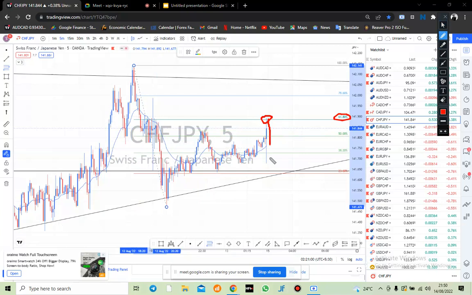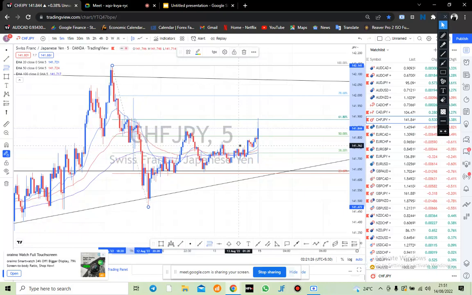And then we see some rejection, which means we can expect the price to drop at least downside. Then also the moving average, I think the 20 moving average is supporting the price to go up. Let's check other moving averages. 50 moving average supporting the price to go up, and 100 moving average supporting the price also to go up.